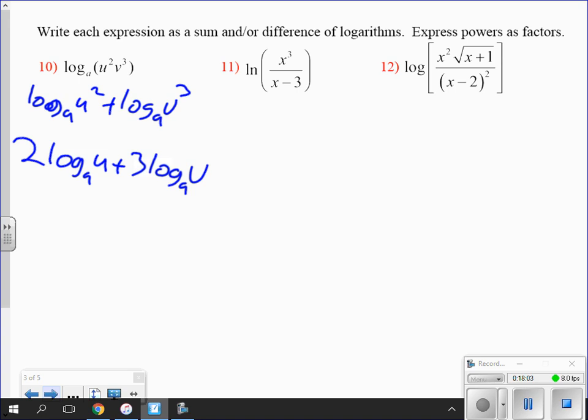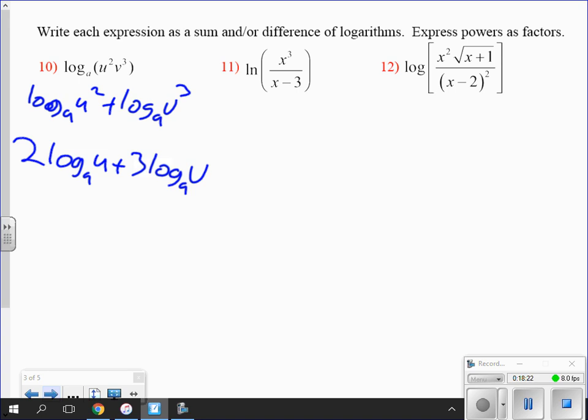Anybody here ever see a slide rule? Have you ever seen a slide rule? Slide rule is how engineers used to do all their calculations. And it was all based on logarithms. It was based on these rules of logarithms.